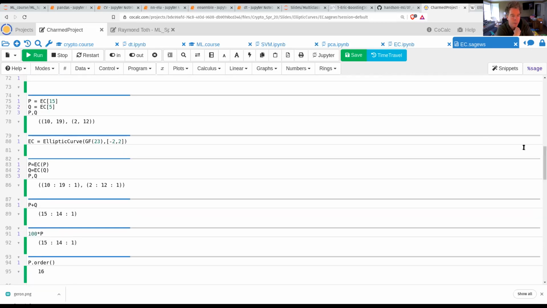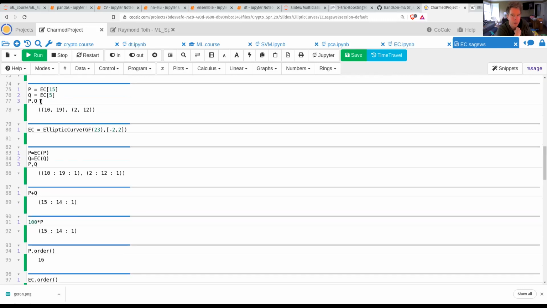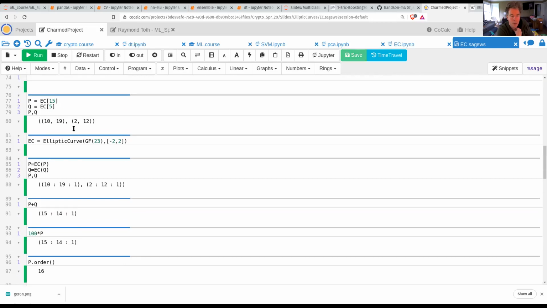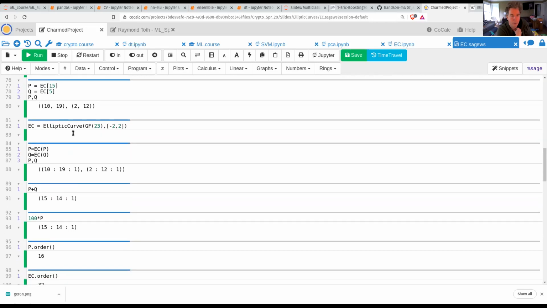So here I just pick some elements. P is the 15th one, whatever that is, and Q is the 5th one. So if you look at those, you get these two. Let's figure out what their sum is. You can use Sage to access the elliptic curve algebraic object, and this is how you specify the curve, and this is how you convert a point into an actual group element.